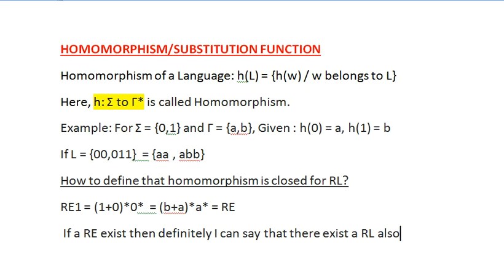So if we have a regular language, then we can say that regular language is closed under homomorphism. I think it's clear to everyone how to use the concept of homomorphism and how to prove it. In simple terms, homomorphism is nothing but a substitution, or you can say an image, of a particular language's strings.